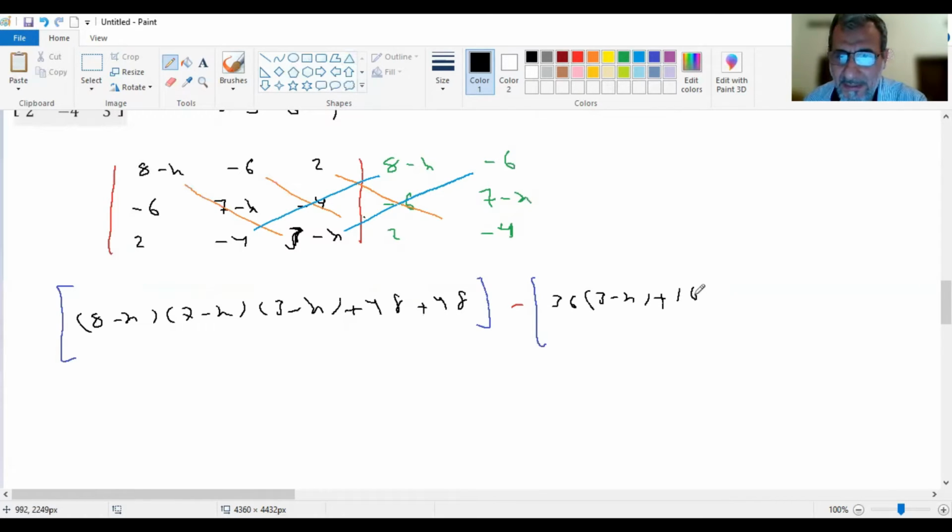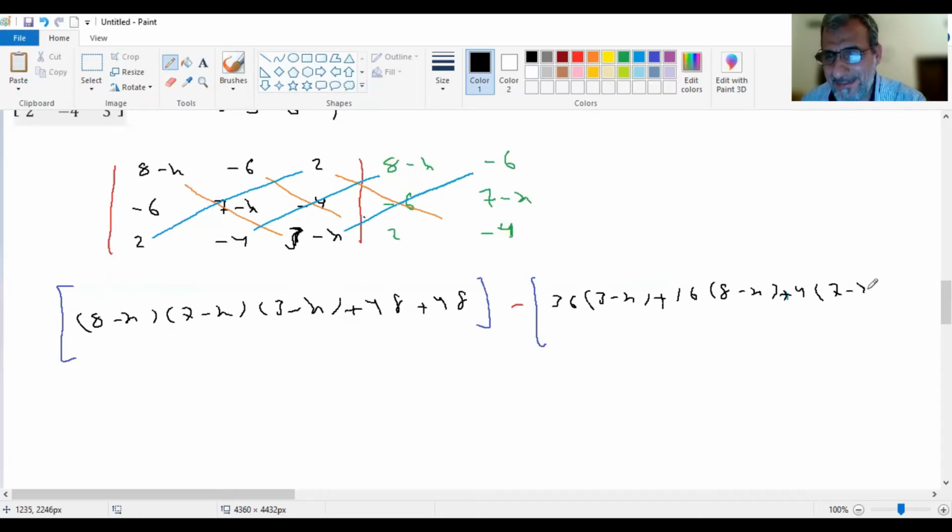So this is 16 times 8 minus lambda. And the multiplication of this diagonal, 2 by 2, 4, plus 4 multiplied by 7 minus lambda.